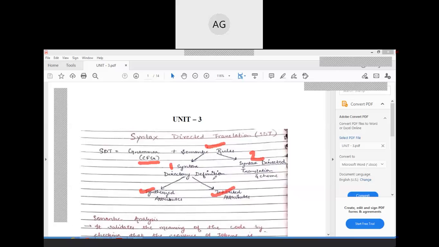So you just need to remember that the semantic rules are classified into two forms, and after that the syntax directed definition is further classified into synthesized attributes and inherited attributes, because these types of attributes and their comparison is important.